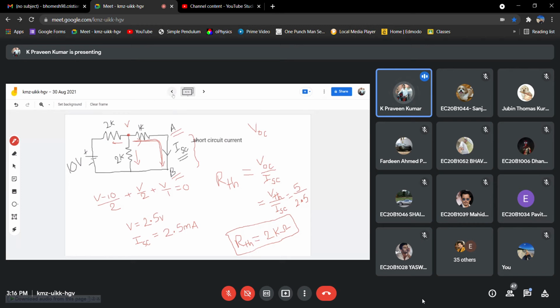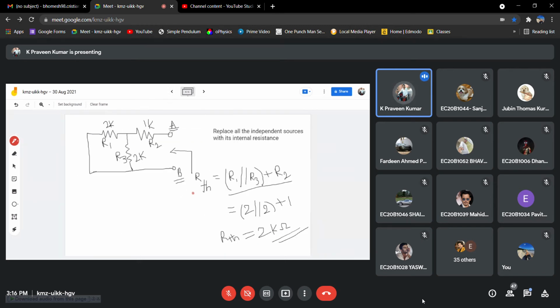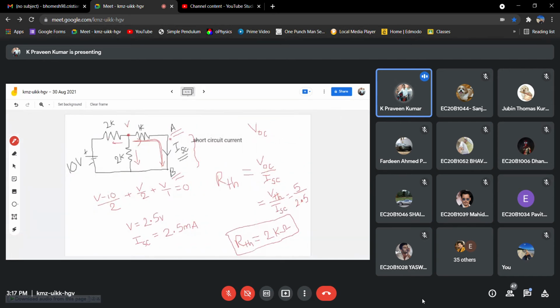Okay. So whatever the RTH that you have calculated with our previous technique, finding the equivalent resistance by replacing all the independent sources with internal resistance, that is 2 kilo ohm. Or otherwise what we can do, we can calculate the short circuit current at the terminals A and B, then find out what is RTH. So how we can calculate RTH? Open circuit voltage to the short circuit current. So that value will give you the RTH, right?